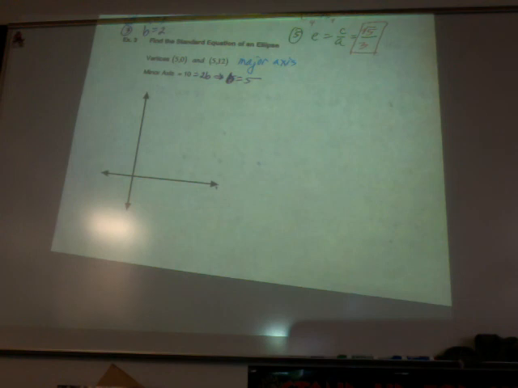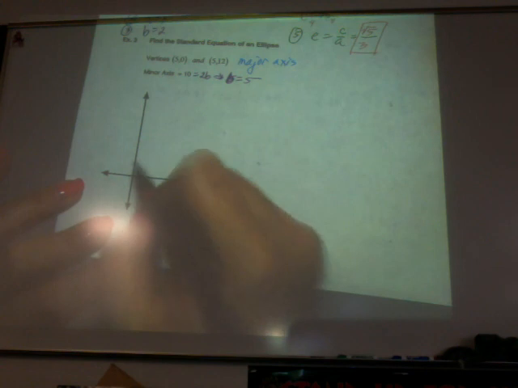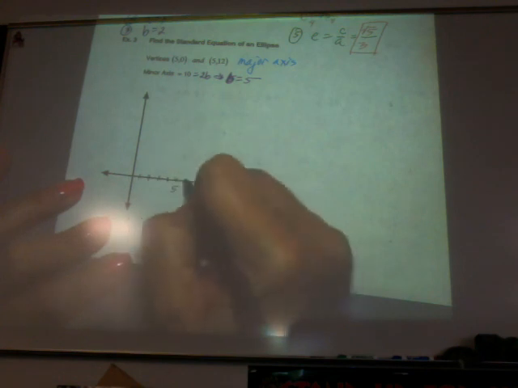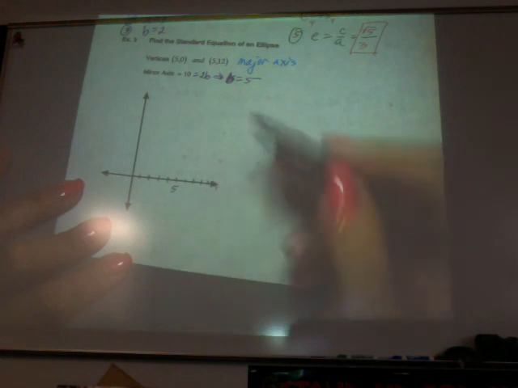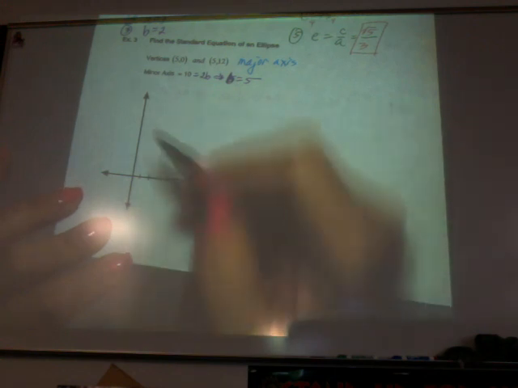Now, I'm going to plot those points. So I've got 5 to the right, and then up.